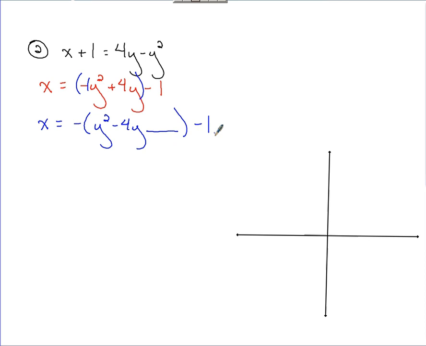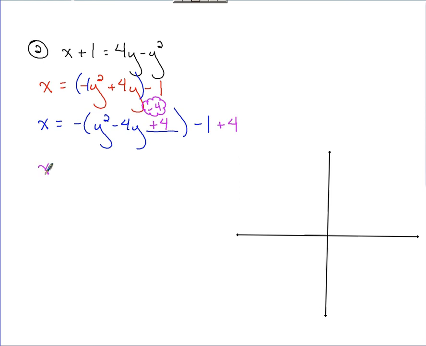As I complete the square, I'm taking half of this negative 4, giving me negative 2, squaring that, so I'm adding 4. In reality, I'm really subtracting 4 because of this negative in front being multiplied to this 4. Since I'm subtracting 4 overall, I want to do the opposite out here, add 4 on to keep everything balanced.